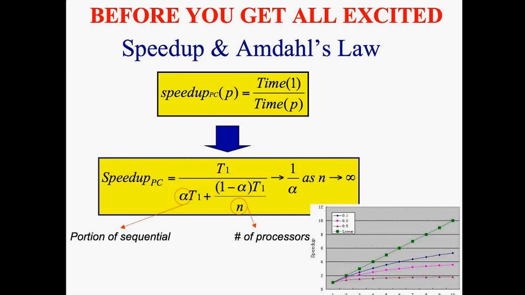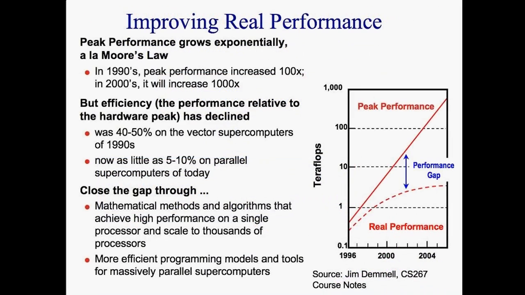So we're greatly wasting, or will greatly waste, all the processors available to us unless we start changing our algorithms. This slide is from Jim Demmel, who teaches parallel programming here at Berkeley. It shows this gap: the typical application running on a parallel computer is only able to make use of 5 to 10% of the processing power of the computer, say with the 200,000 cores.